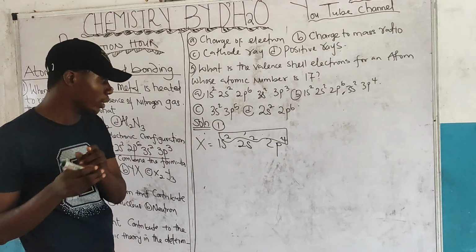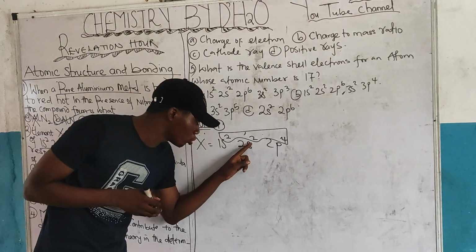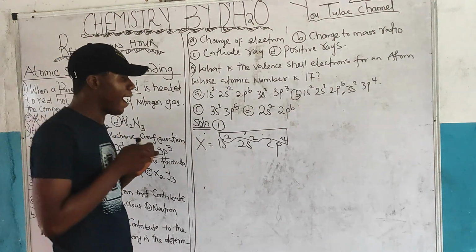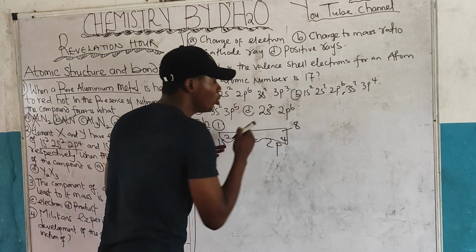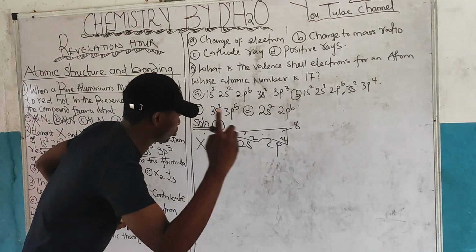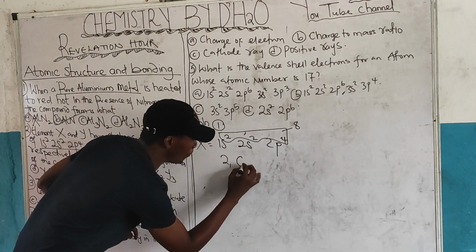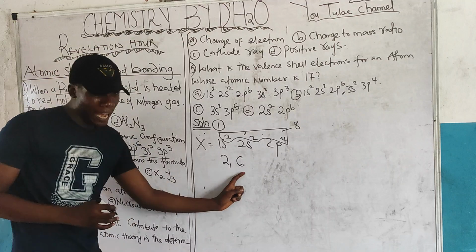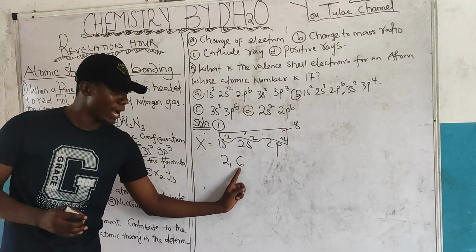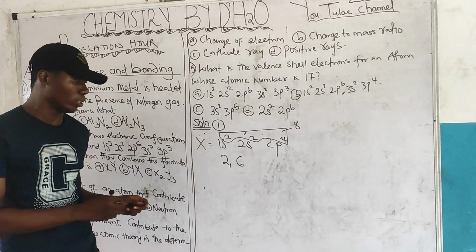So if you check very well, you will see that this is 2 plus 2 to give us 4 plus 2 to give us what? 8. And if you already have 8, use the KLM shell to distribute 8 electrons. That will make us to have 2, 6. And if this happens, because 2 plus 6 will give us 8. And what we are using is the KLM shell notation.